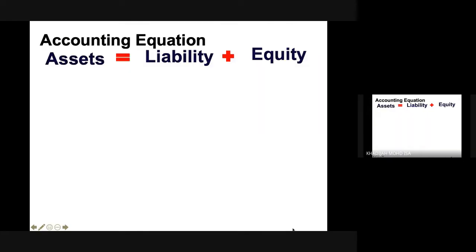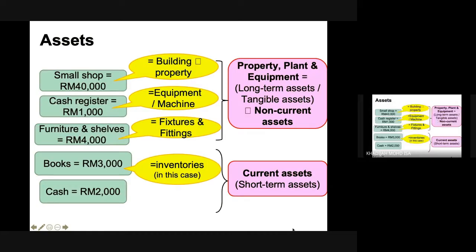Your books, your inventory, and your cash are what we call current asset, or short-term asset, because inventories will be replenished very quickly, depending on the type of business. In this case, we assume that every 2-3 months you will have new books, because people buy the books and you replenish from your supplier.